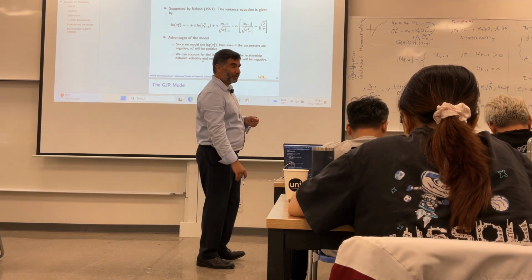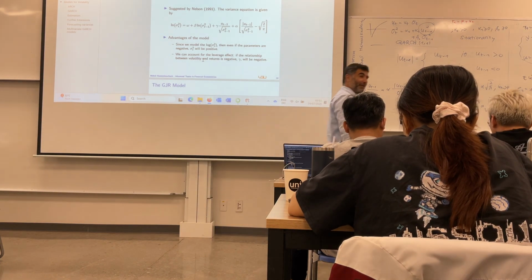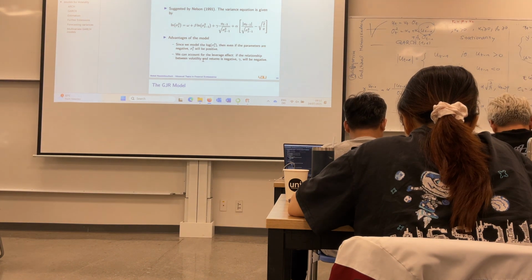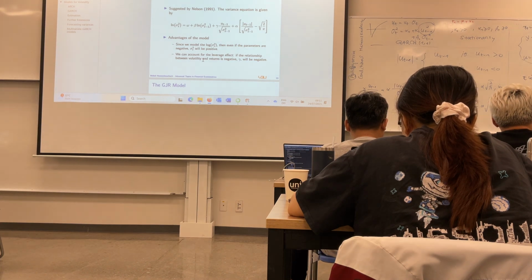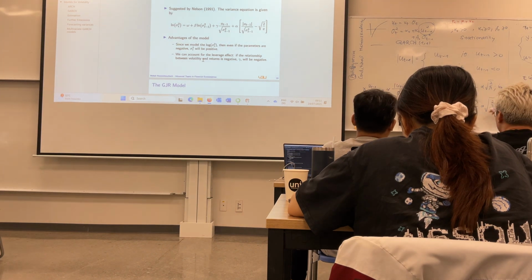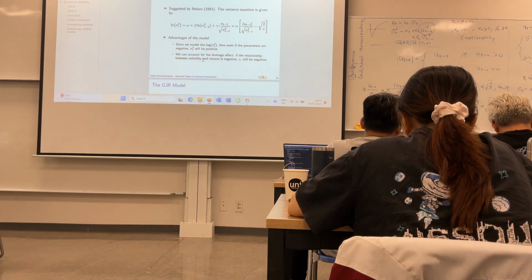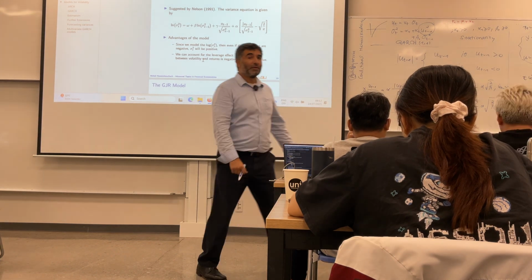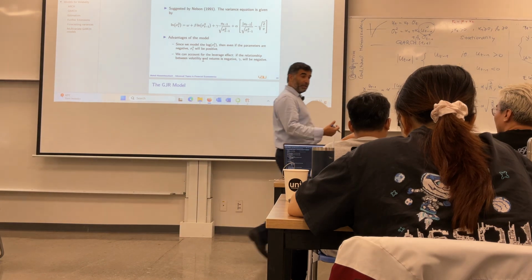If it is not 0, the two will be different. So I just wanted to highlight that this alpha makes negative and positive shocks have different effects on the volatility. If alpha is 0, then positive and negative shocks will have the same effect on the volatility. If alpha is different from 0, then positive and negative shocks will have different effects on the volatility. Now let's pay attention to the nature of the shocks.